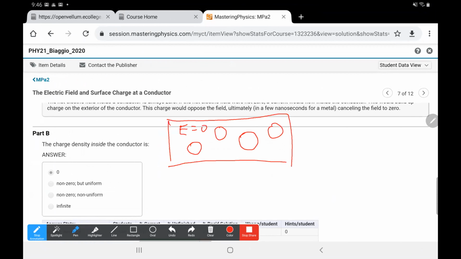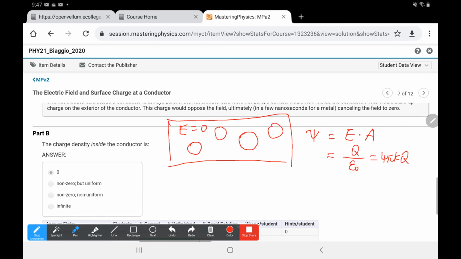And each closed surface will give us a flux. The flux is equal to the electric field on the surface times the total surface area. And according to Gauss's law, we have this value equal to the charge enclosed by the surface over epsilon naught. Or you can use 4 pi k Q.